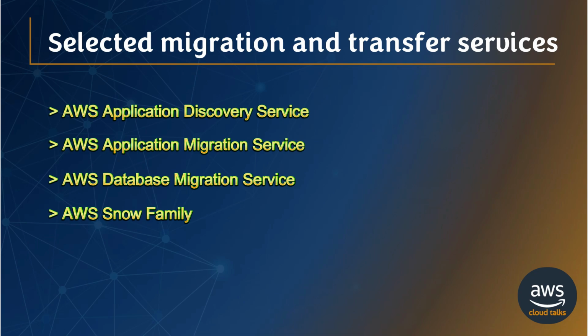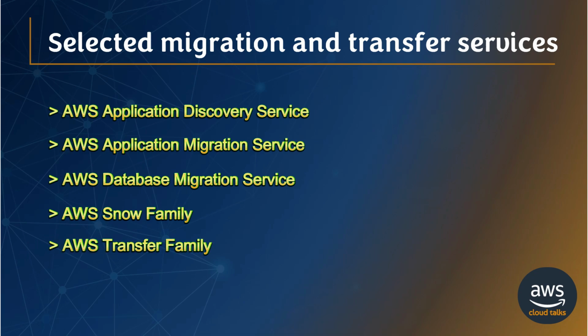These services help physically transport up to exabytes of data into and out of AWS. Snow family devices are owned and managed by AWS and integrate with AWS security, monitoring, storage management, and computing capabilities.